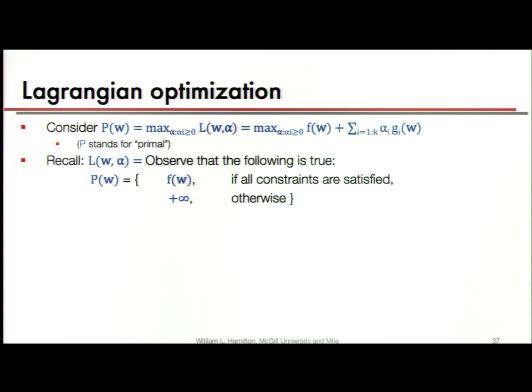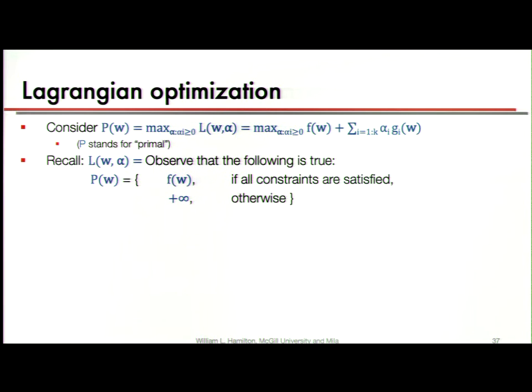If we maximize this function with respect to all these alpha i's, we actually get the following very neat and very important relationship, which is that if all the constraints are satisfied, then this p(w), which equals maximizing over alpha of the Lagrangian, is going to be just equal to f(w).